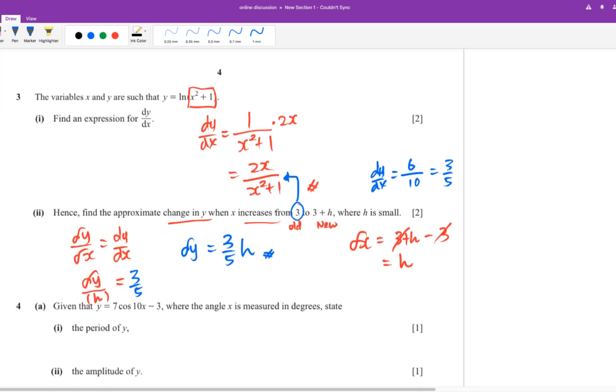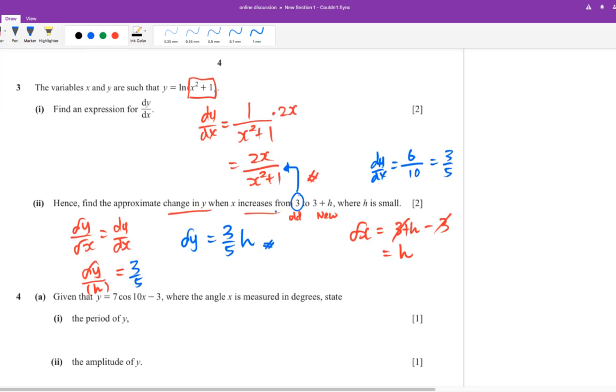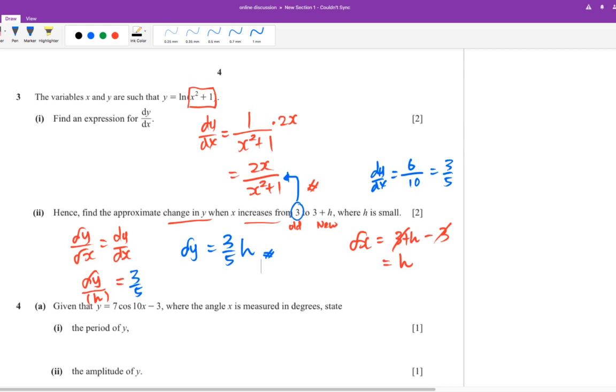I guess some students have a problem with differentiation. You don't move the power up to become negative. If I differentiate ln x squared, when you have ln, it becomes 1 over whatever is beside the ln, so x squared.